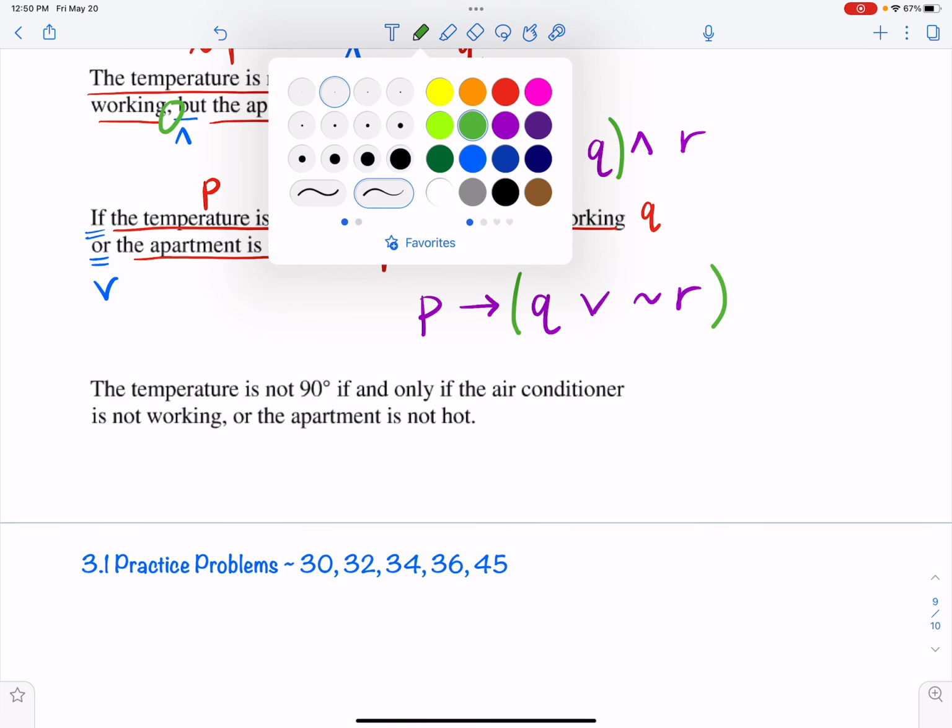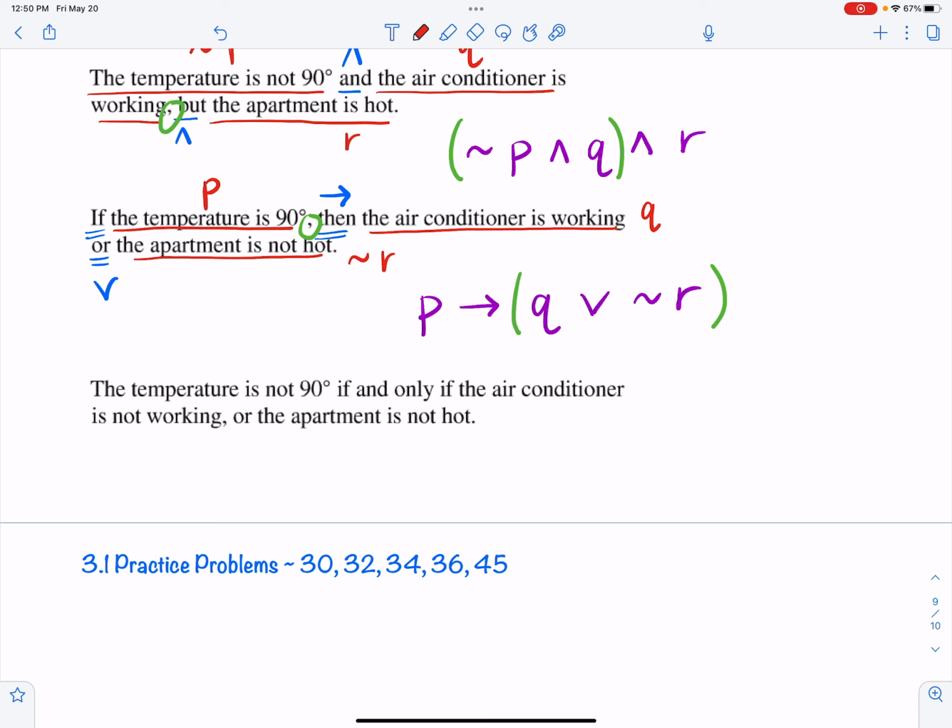Okay, and then last one, and again, I'm going to have you go back and work some of these too, with more than two. The temperature is not 90 degrees. That's the negation of P. If and only if the air conditioner is not working, that's the negation of Q. Or the apartment is not hot, that's the negation of R. Going back and looking for the keywords: if and only if, that's my biconditional, and or, that's my disjunction.